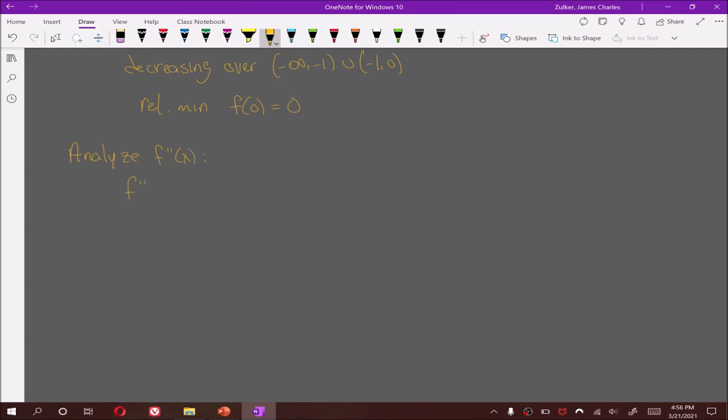For the second derivative, once again, this is a quotient rule.